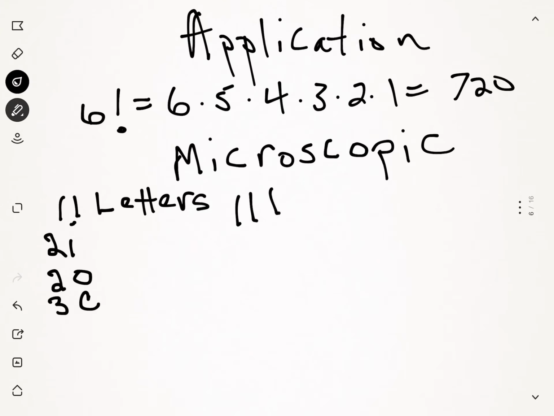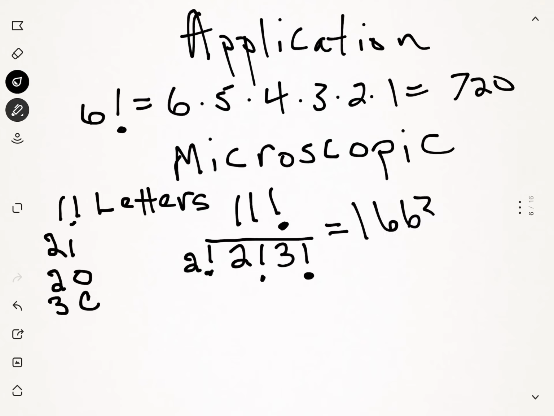So it's 11 factorial divided by, so we had 2 I's, so that's 2 factorial, 2 O's, 2 factorial, and 3 C's, so 3 factorial, equals, this will have to be done on a calculator, so you can try it, 1,663,200.